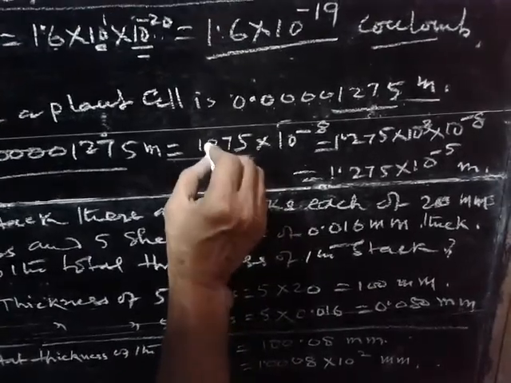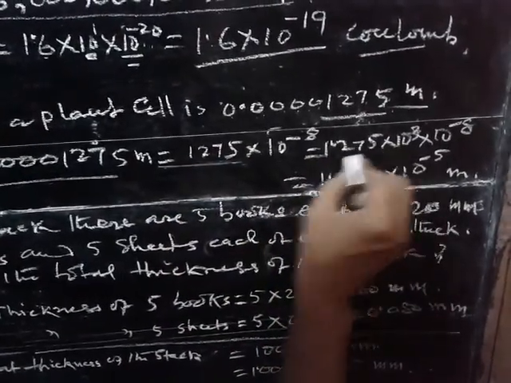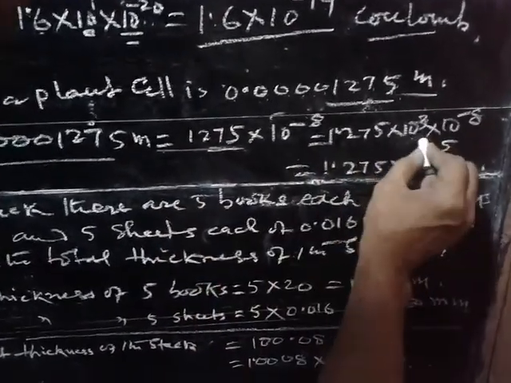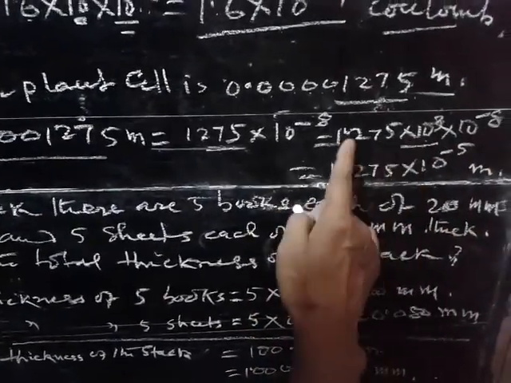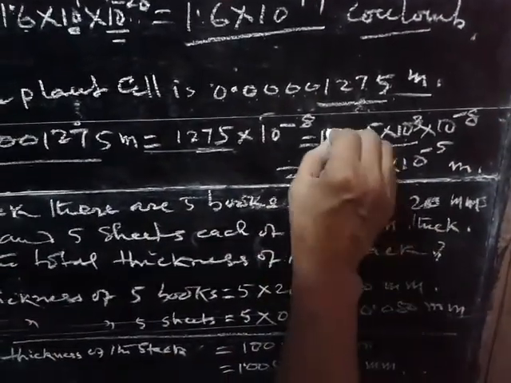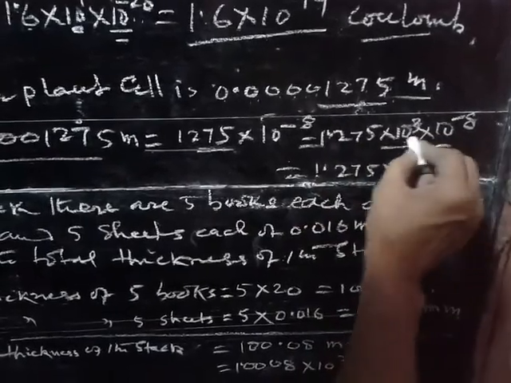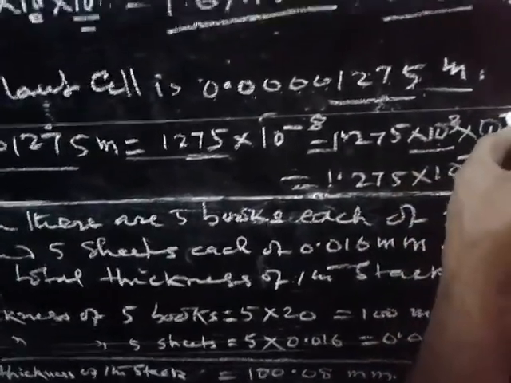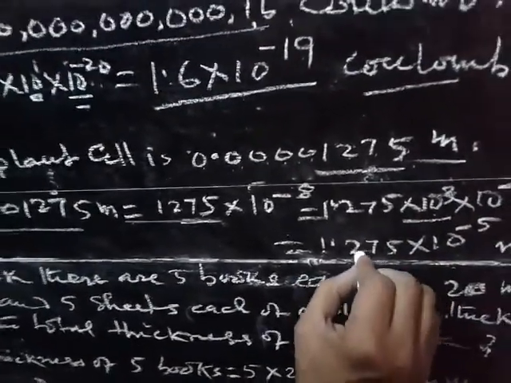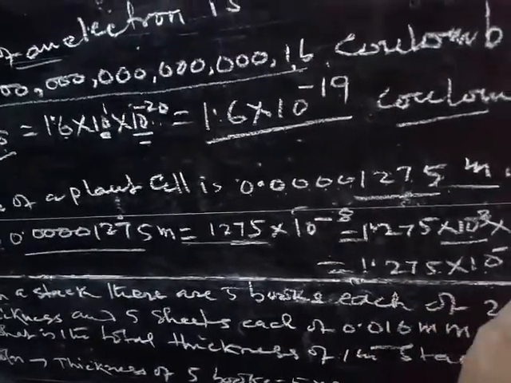So the standard format is 1.275 into 1000, because these 3 points will be shifted from this to this, and this is 3 plus and 8 minus, so it has come 1.275 into 10 to the power minus 5 meter.